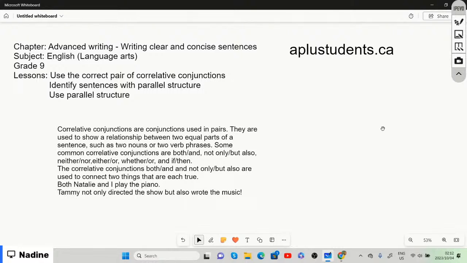And the correlative conjunctions both and and not only but also are used to connect two things that are each true.